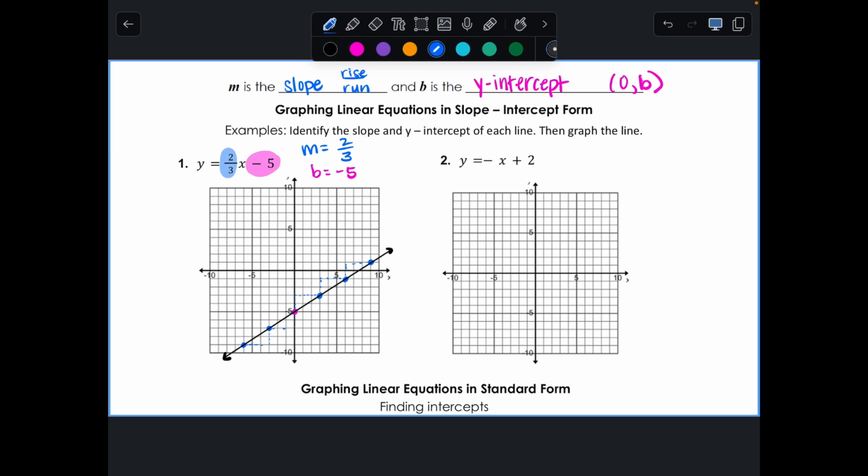Okay, let's look at number 2. There's no fraction there. We just have this negative sign in front of x. So remember, it's always a negative 1. And if you want, you can always make it a fraction by putting it over 1 to remind you what your rise over run is going to be.